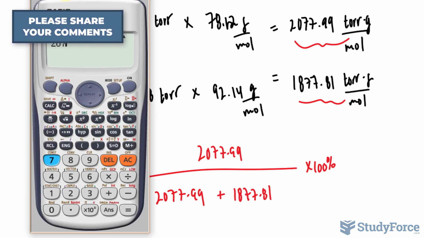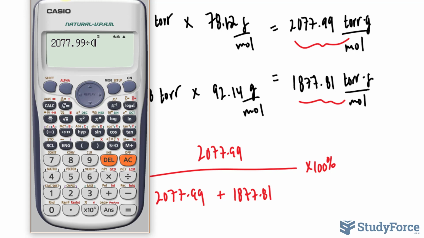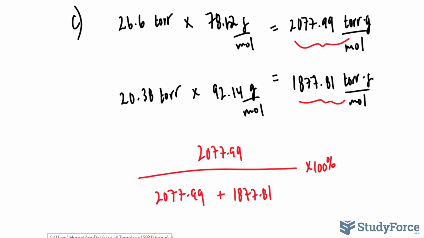So 2077.99 divided by 2077.99 plus 1877.81 times 100 gives us 52.53%. And to find the other one, you can redo this whole process, but it's probably just easier to subtract 100 minus 52.5, which gives us 47.5% of toluene.